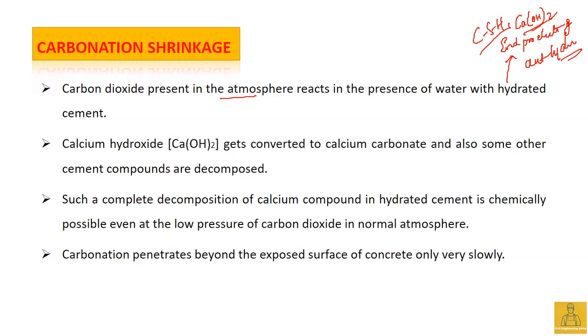See, the gas CO2, which is of course present in the atmosphere, is going to react with the water and form carbonic acid, which reacts with Ca(OH)2 present in this hydrated cement.